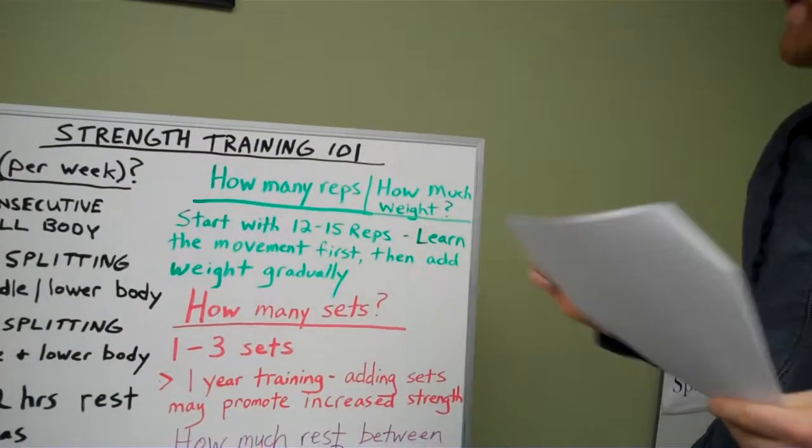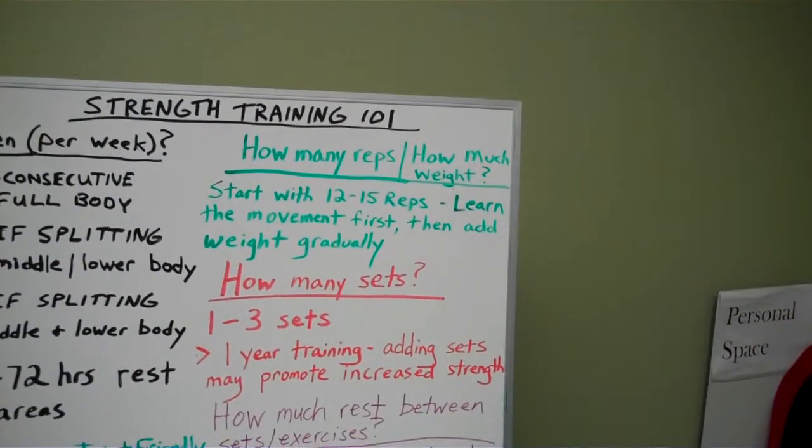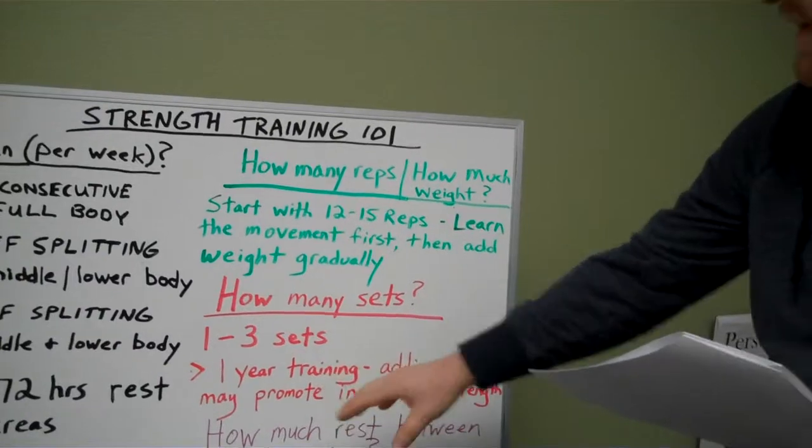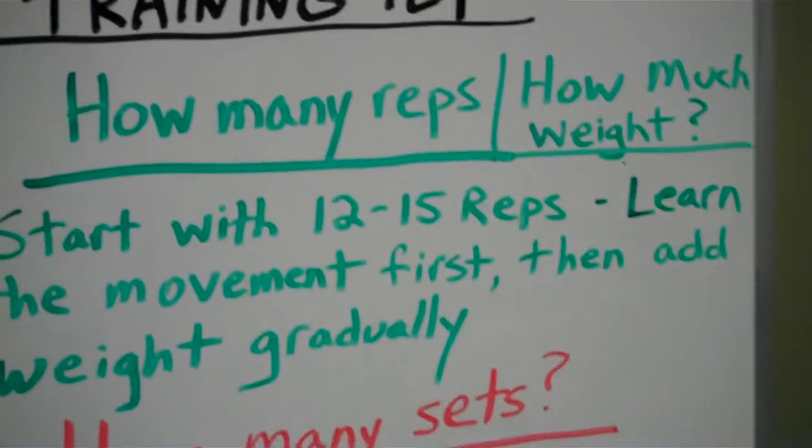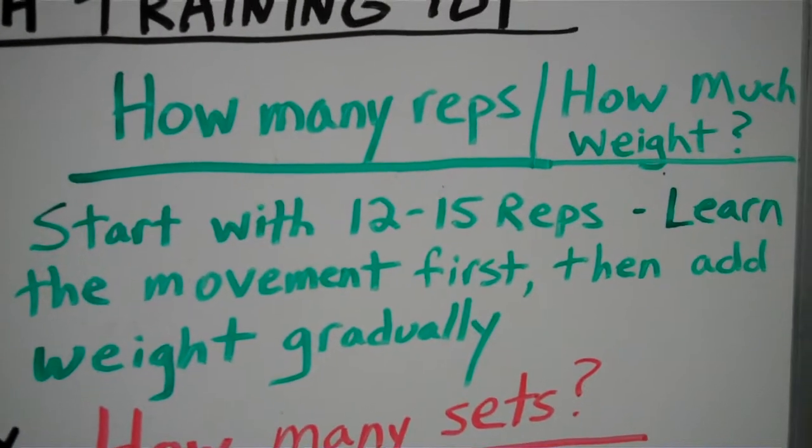But you're also going to probably be able to perform more repetitions, and you'll be focusing more on muscular endurance. I would like to go back to how many reps and how much weight, because that factors into how much rest also. When we're looking at 12 to 15 reps, we're really talking about muscular endurance.